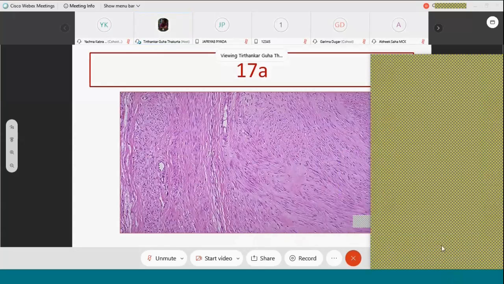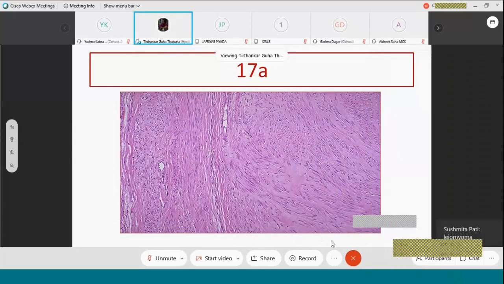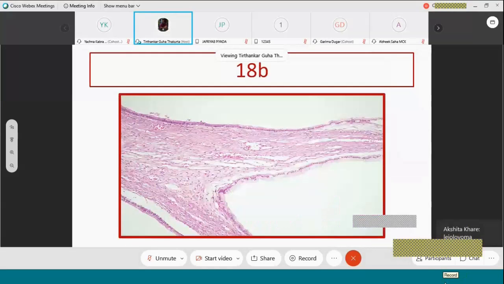Very good. This is a smooth muscle tumor, so it's a leiomyoma. And what is this tumor called? Very good. This is a mucinous cystadenoma of ovary. What is the name of this tumor?